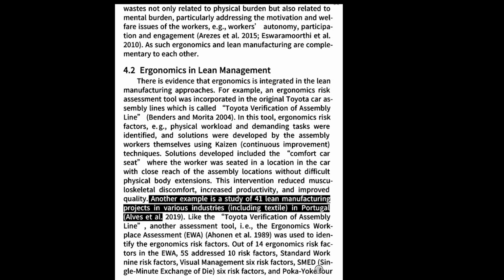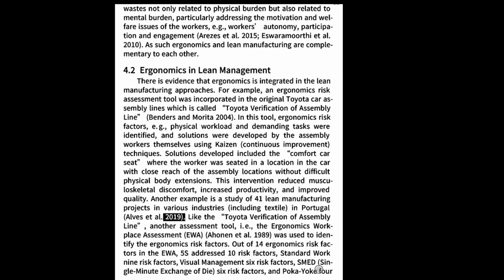Another example is a study of 41 lean manufacturing projects in various industries, including textile, in Portugal, Alves et al. 2019. Like the Toyota Verification of Assembly Line, another assessment tool, the Ergonomic Workplace Assessment (EWA), Ahonen et al. 1989, was used to identify the ergonomics risk factors.